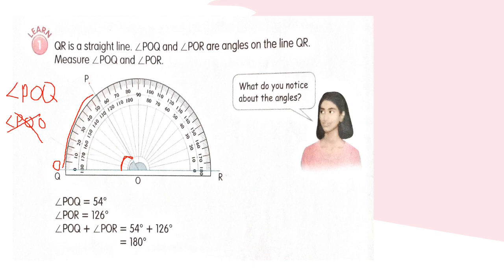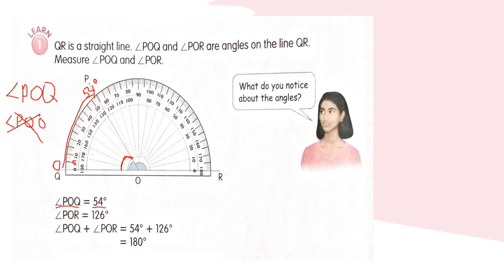This black line here is equal 5. Okay, so this is 50. This is 55. Is it exactly 55? No, it's one line behind 55. So the angle here is 54 degrees. Okay, so that's why POQ equal 54 degrees.